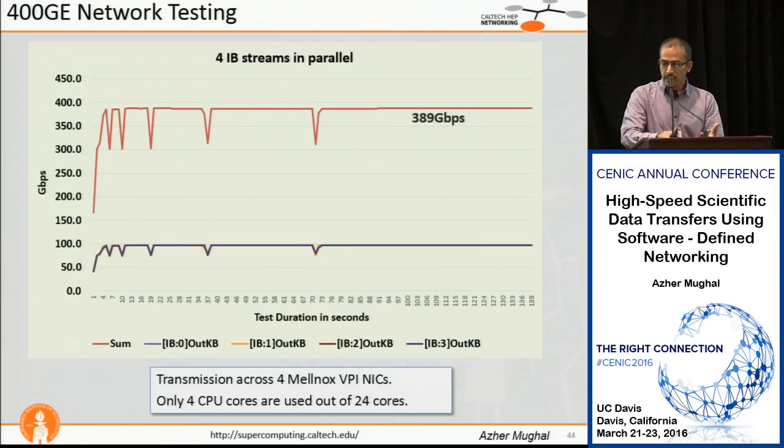If we run this IB test on 2 of the NICs, we see about 97 gig per second per NIC stream, and in aggregate about 200 gig going across a single processor, coming straight from the NIC memory to user space, bypassing the kernel altogether.